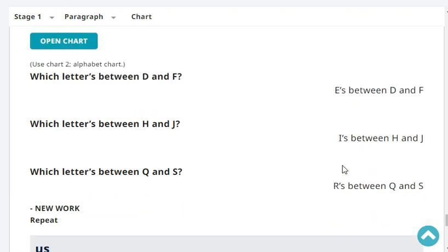Which letter is between H and J? I is between H and J. Which letter is between Q and S? R is between Q and S. Very good.